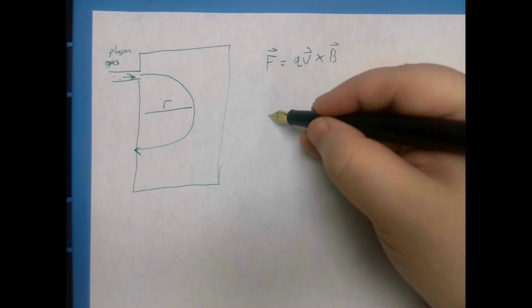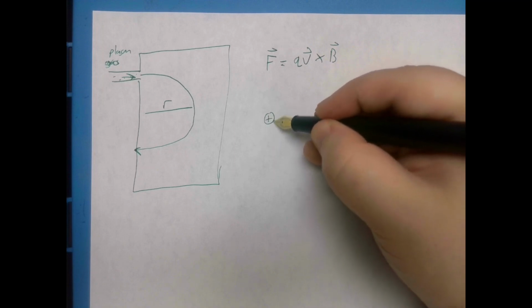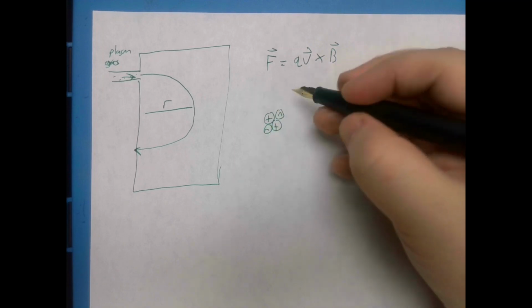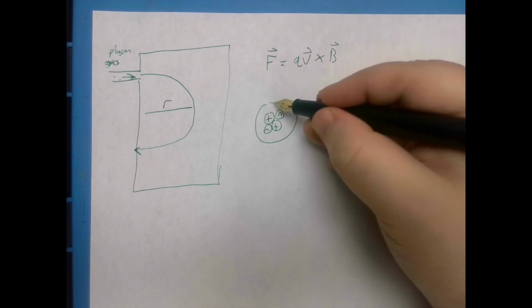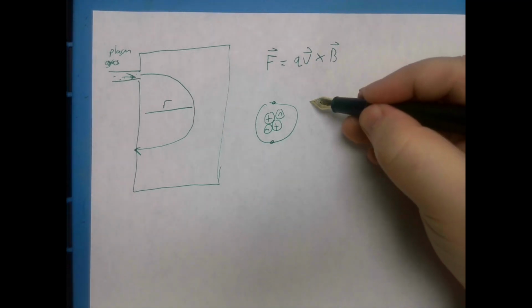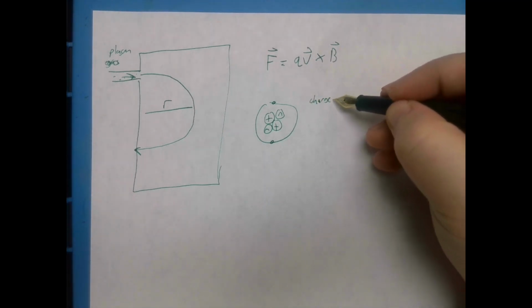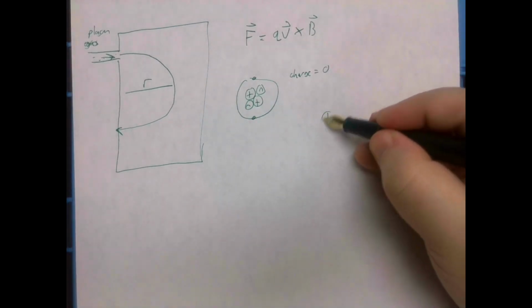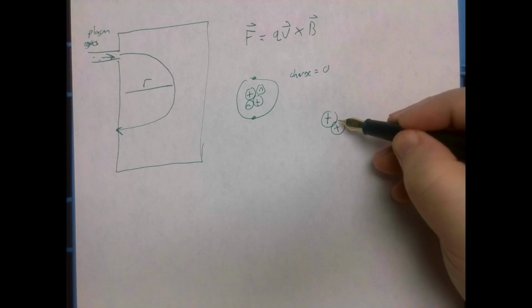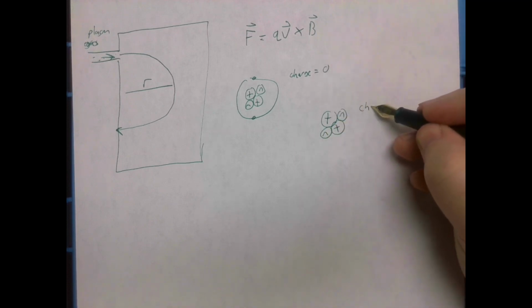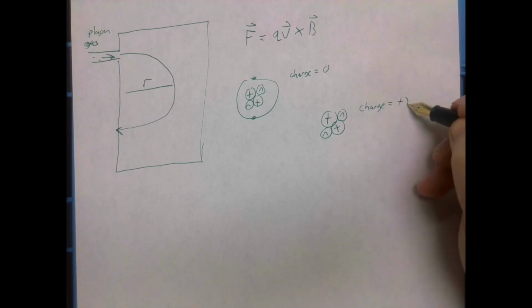So let's say we have a helium atom, which is 2 protons, 2 neutrons, and 2 electrons. So it has a net charge of 0. If I remove the electrons, I'm left with 2 protons, then it would have a charge of plus 2.